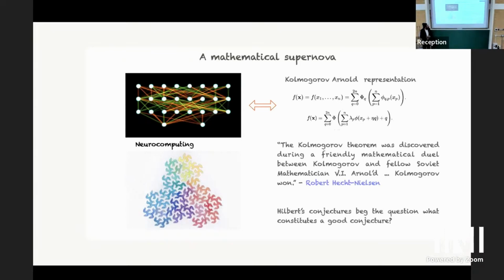So this conjecture, zooming out a little bit, the conjecture that Hilbert posed in the year 1900, gave us a new interpretation of it, but it also had a deep impact in establishing that neurocomputing is on solid mathematical footing, and it provides an explanation of why modern deep learning actually works.